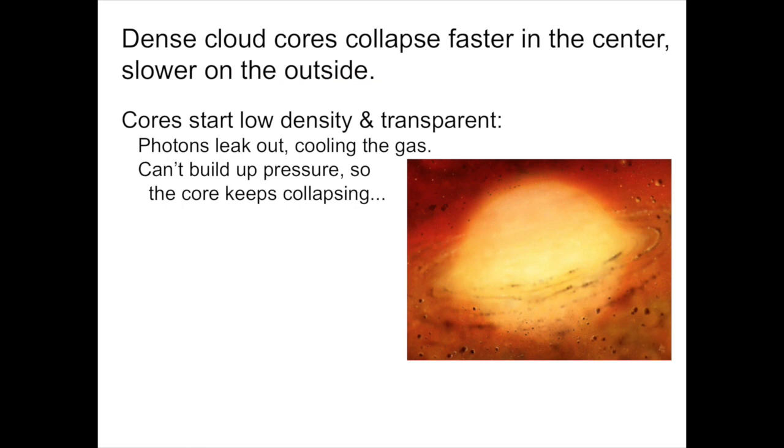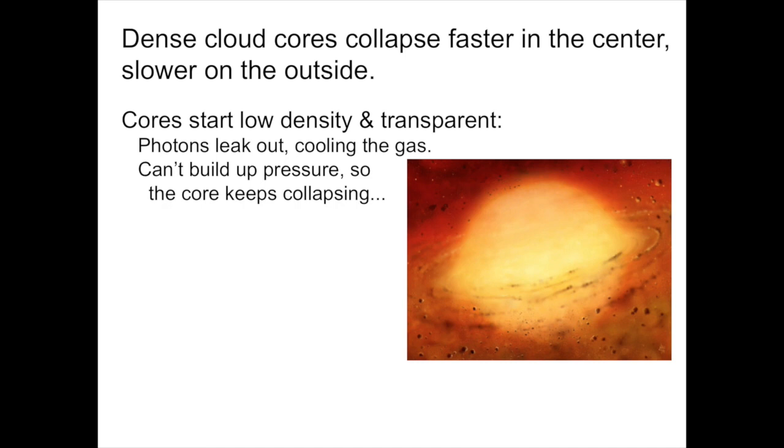We're going to follow one of these dense cloud cores as it begins to collapse. They collapse from the inside out. The inner, denser portion of the core collapses first, and the outskirts follow along a little later. The cores start out as relatively low density and transparent to light.